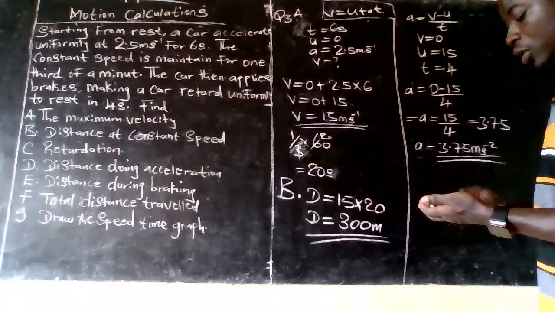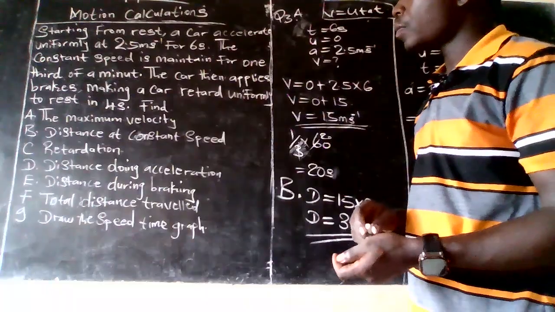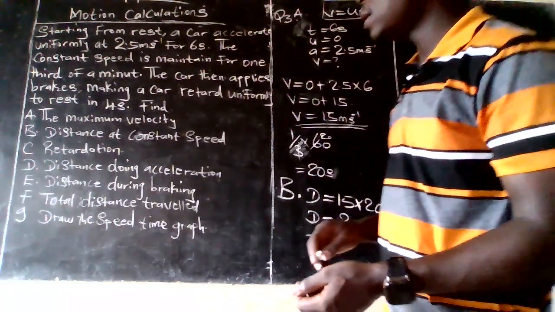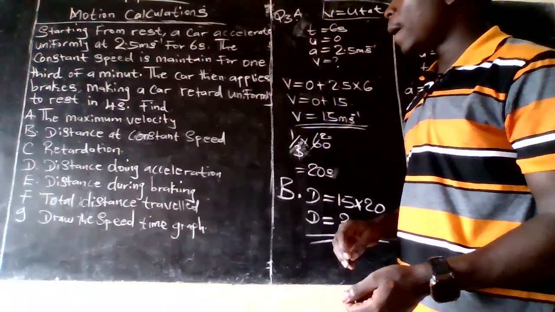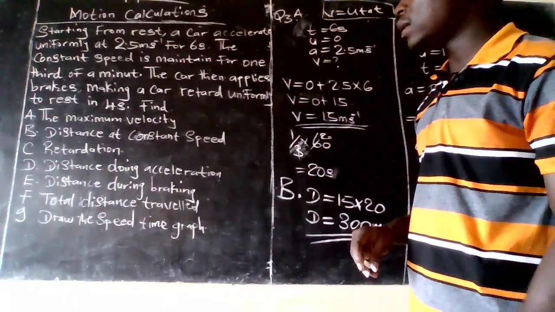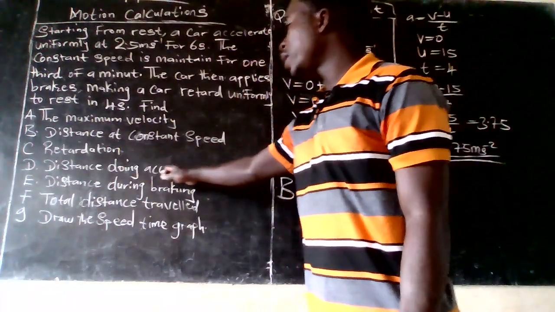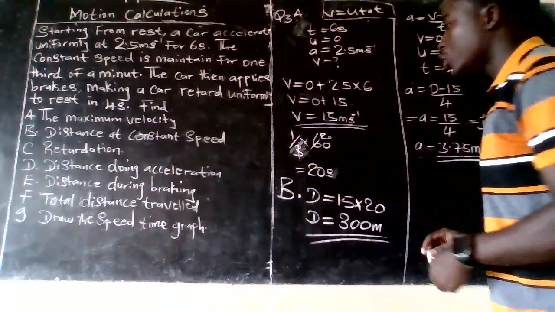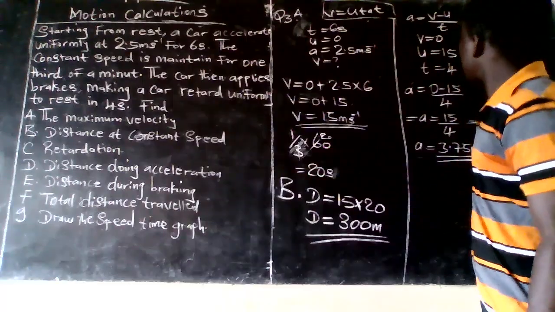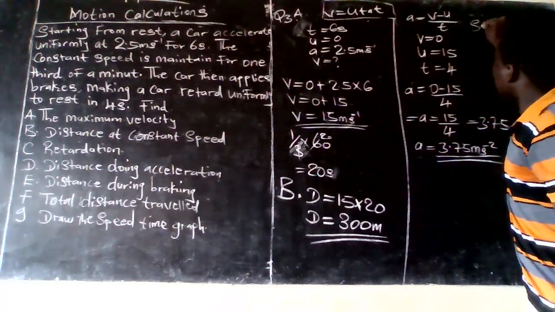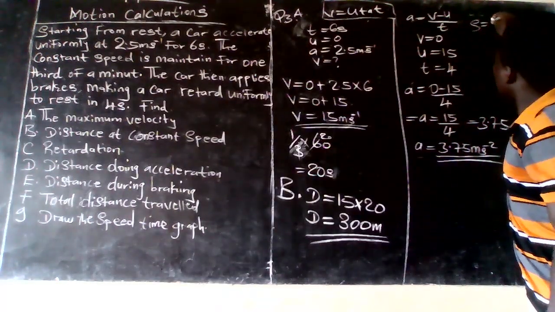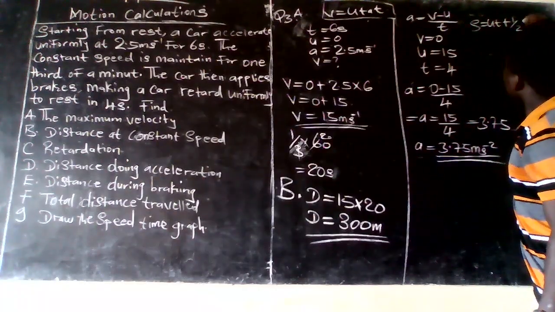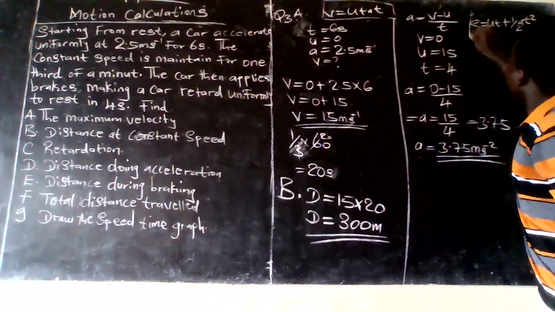Then also we are asked to find the distance during acceleration. So we are going to use this equation: S equals ut plus half at squared.